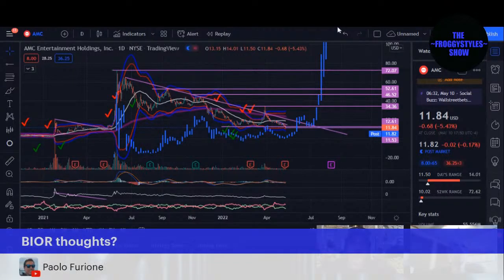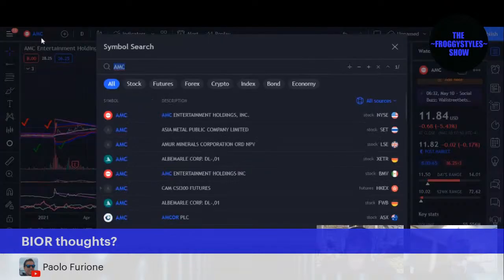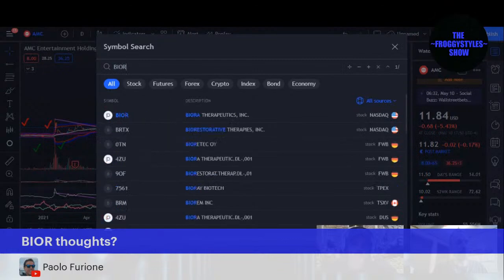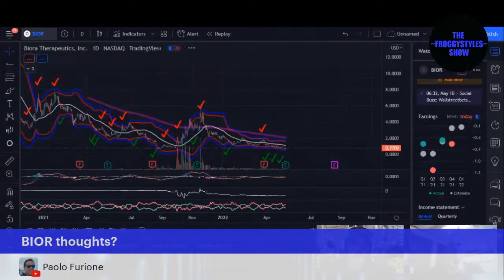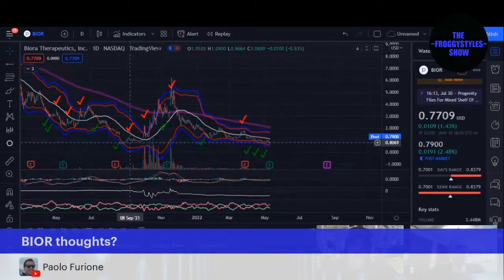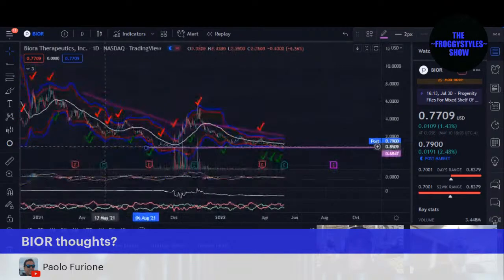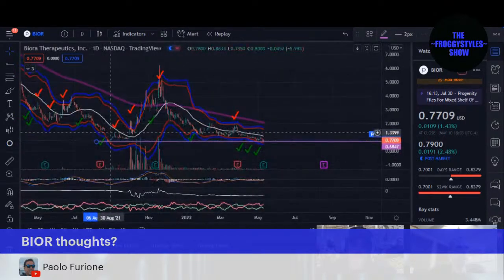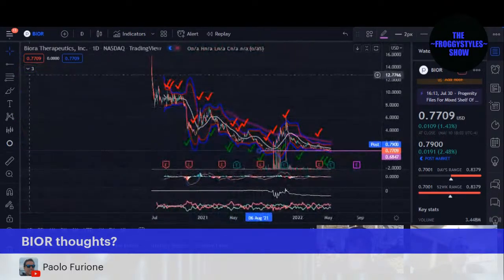BIOR thoughts? Let me pull that one up here. That was PROG, I remember right? Yep, that was PROG. Possibly a double bottom. Not exactly sure if that's exactly what's going on here.